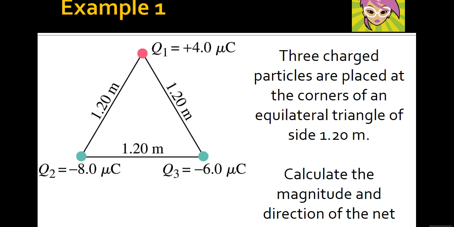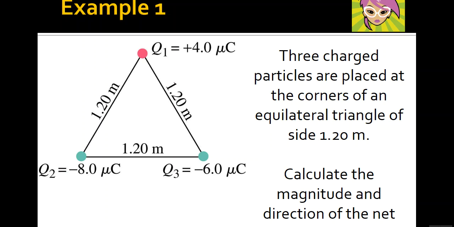If you had to draw the vectors resulting from each interaction, how would it look? Let's take Q1, for example, first. What is the force that it's going to feel? Is it going to be attracted or repulsed? It's going to be attracted. So, what I want you guys to do is to draw an arrow there, because it's being attracted.